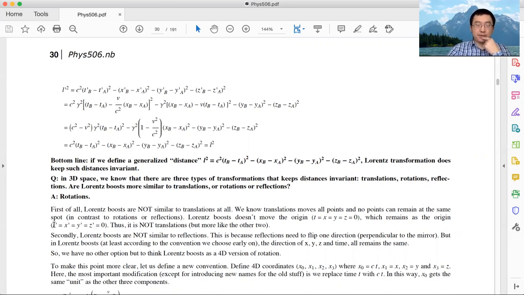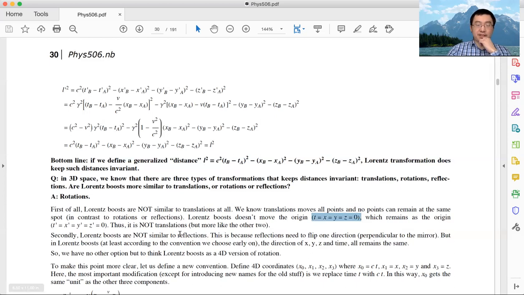For Lorentz boost, at least the origin stays the same. In other words, Lorentz boost has a fixed point. Fixed point means this point, before and after the transformation, stays at the same value. So the origin does not move. Because the origin does not move, we immediately realize that Lorentz boost is not a translation, since in a translation every point needs to move.